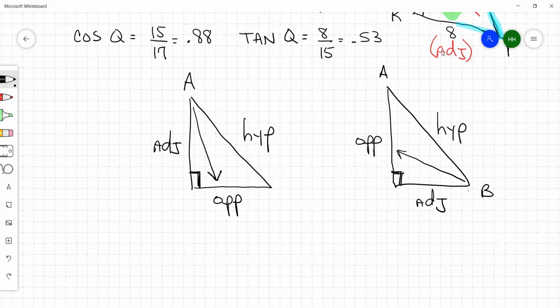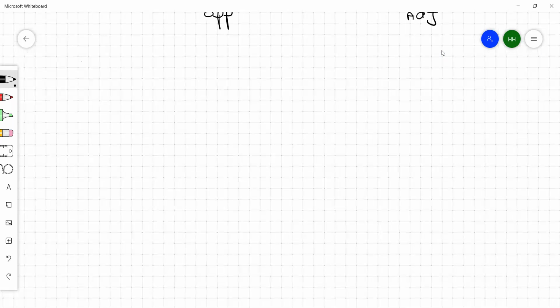Boy, they don't give you much practice. Okay, here we go. We jump right into find x to the nearest hundredth.